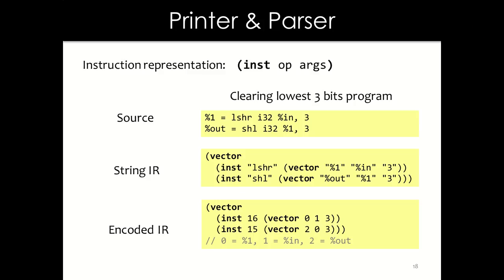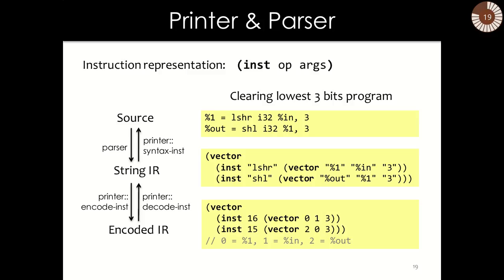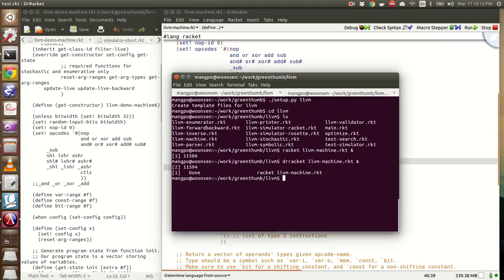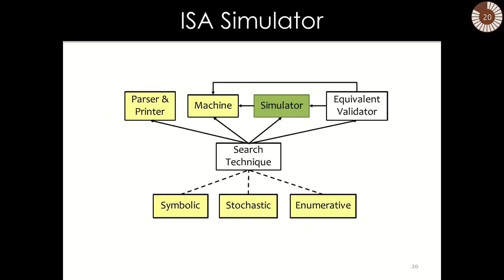And we are responsible for writing the functions to translate from one to the others in the parser and the printer. But instead of showing you how to implement these functions, which are not very interesting, I'm going to copy the implementation I already have prepared into the current directory. Now we can move on to the next step, which is the simulator.